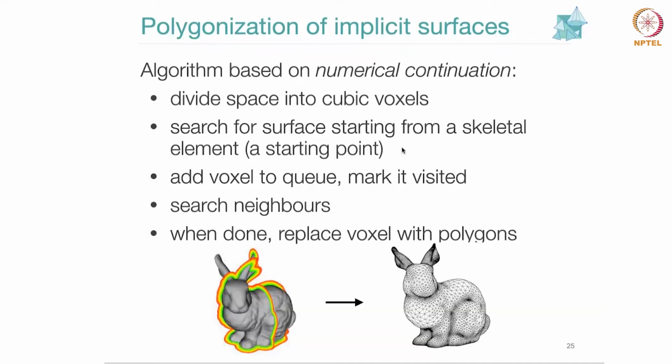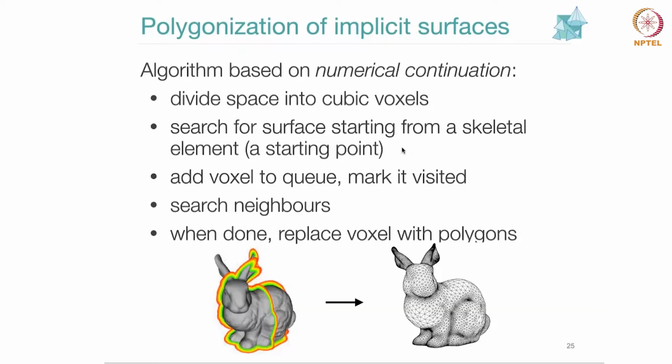Or if you are not interested in the zero level set, you basically need to identify all the volume elements or voxels in the grid that contain the ISO value. Okay, the ISO value could be 0 or anything else, but you search for all the voxels that contain that ISO value.